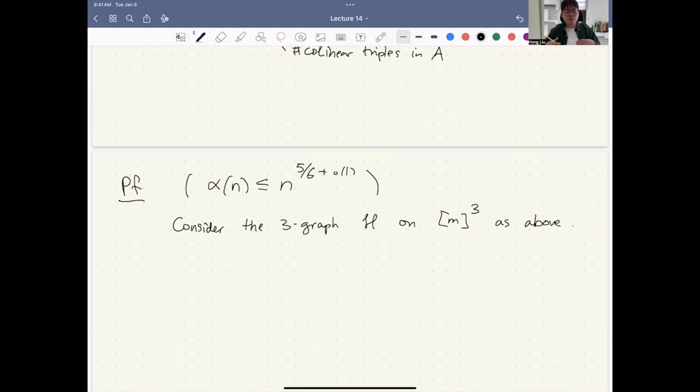Now we're going to iteratively apply the hypergraph container theorem. What does it mean, iteratively apply?